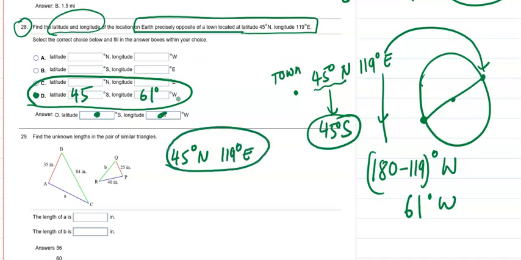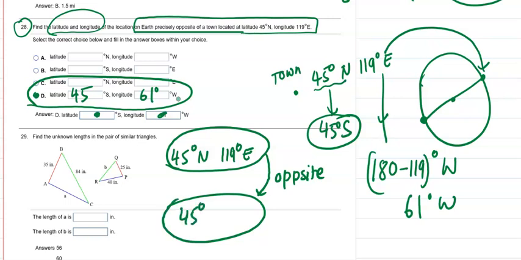If this is the town here, the opposite town is going to be 45 degrees south and 180 minus 119 degrees west. As a longitude, you subtract from 180 to find the opposite town's longitude. Okay, that's how you do it. So the answer is 45 degrees south as a latitude and 61 degrees west as a longitude.